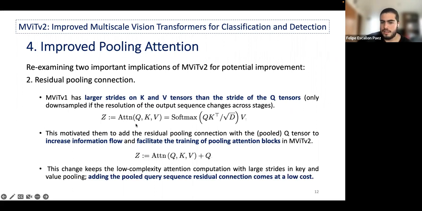So we can see that initially they had the attention as we already know it, and now they are doing the residual pooling connection, and in the case they are using the pooling in the query tensor, this residual connection will include the pooled one. We can see here that they would have the same size, so there's no mistake adding these two.